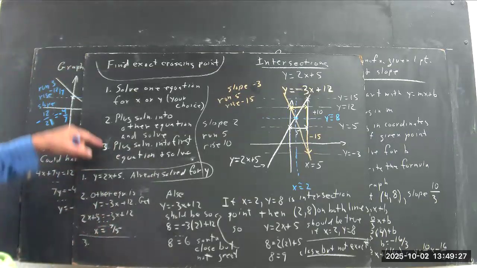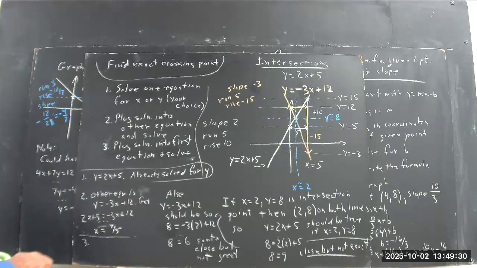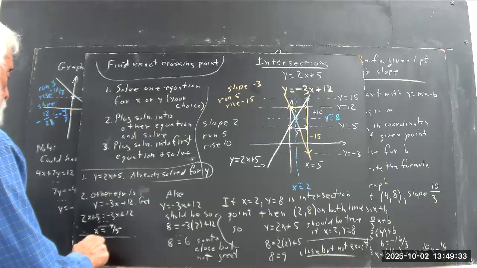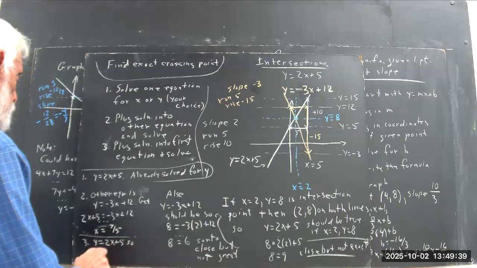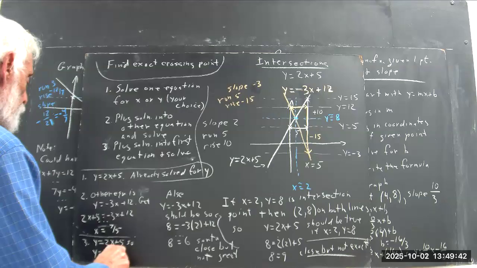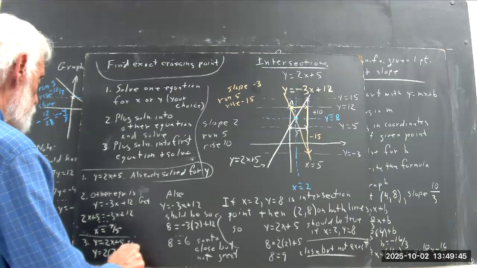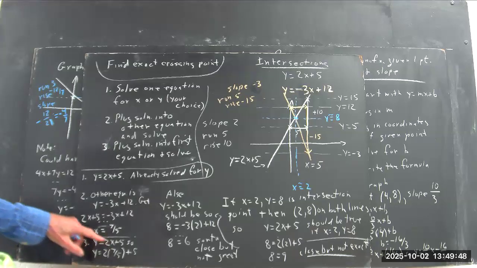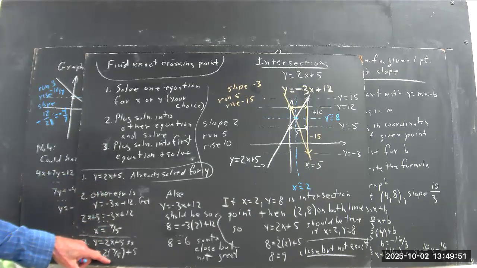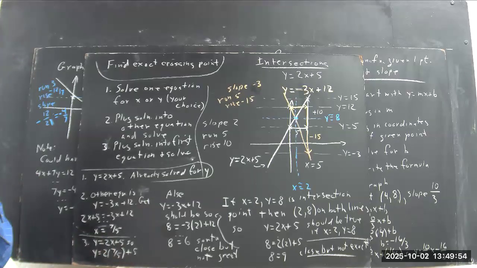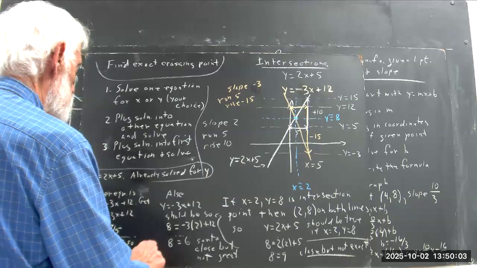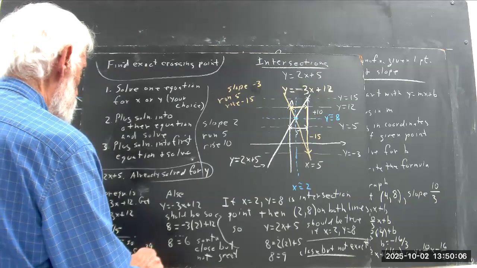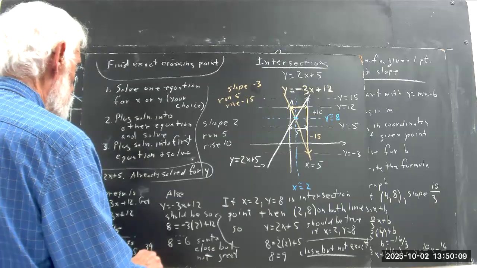So here's my solution for number 2. y equals 2x plus 5. x is 7/5, so y equals 2 times 7/5 plus 5. Well, that'll be 14/5 plus 15/5 equals 39 over 5.